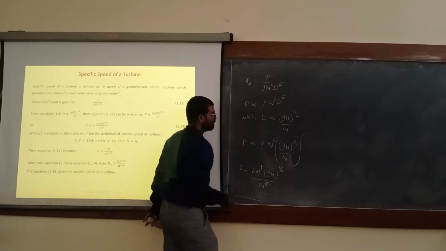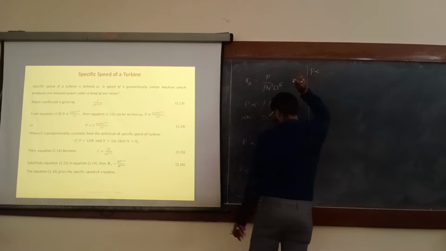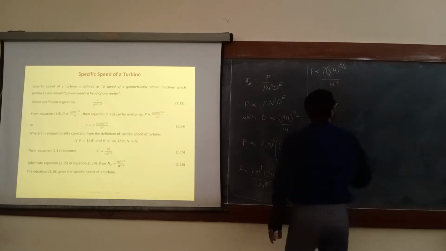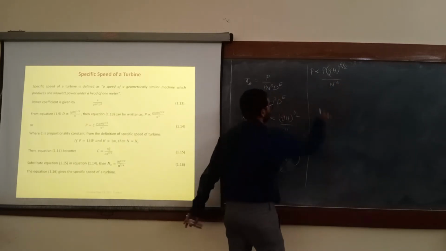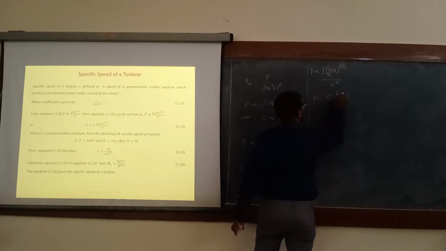Then P is directly proportional to rho (gH) to the power of 5 by 2 divided by n square. Here also we introduce a proportionality constant C: P equals C rho (gH) to the power of 5 by 2 divided by n square.